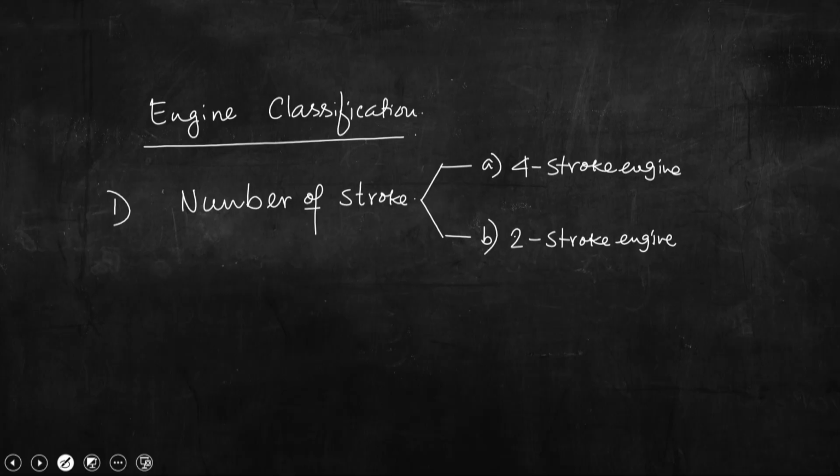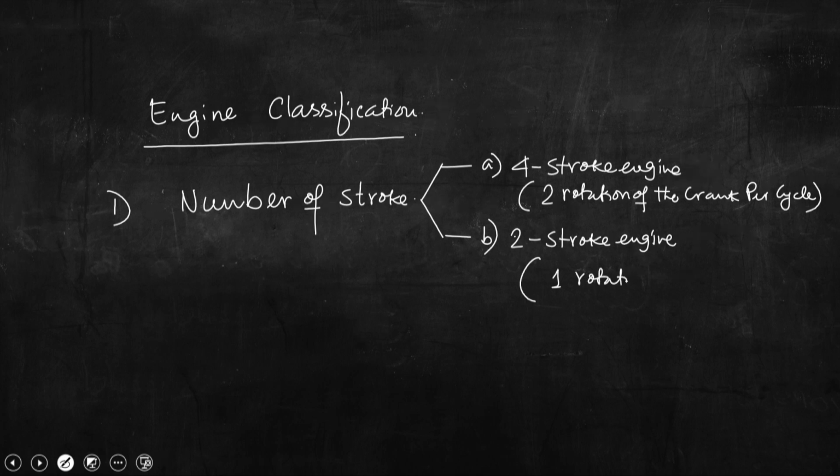In a 4-stroke engine, there are two rotations of the crank per cycle, whereas in a 2-stroke engine there is only one rotation of the crank per cycle.